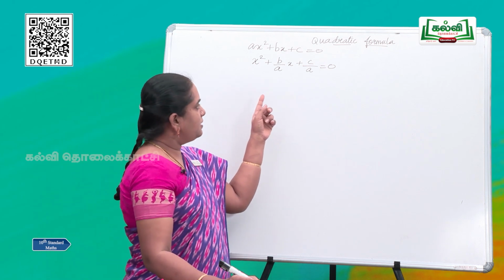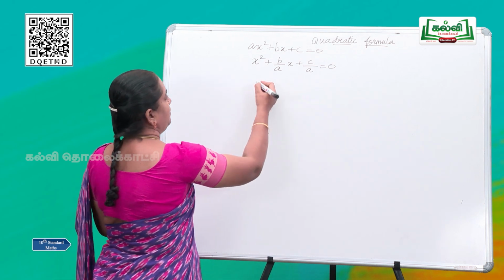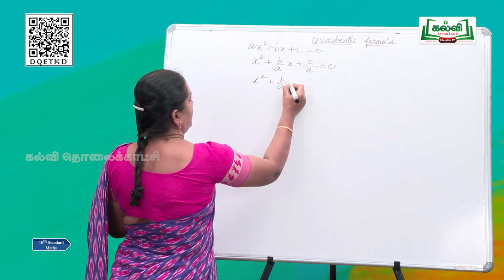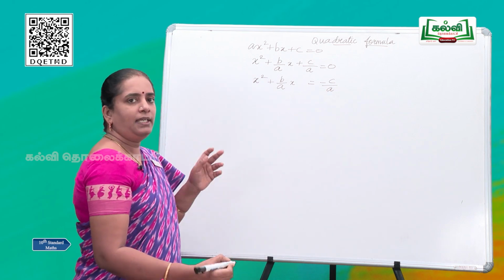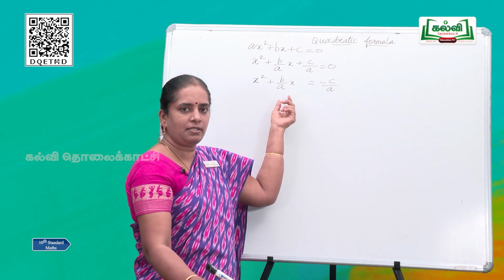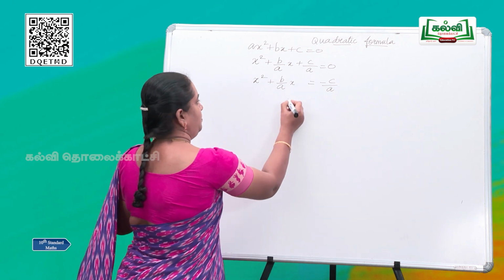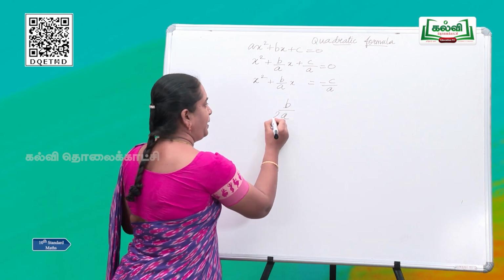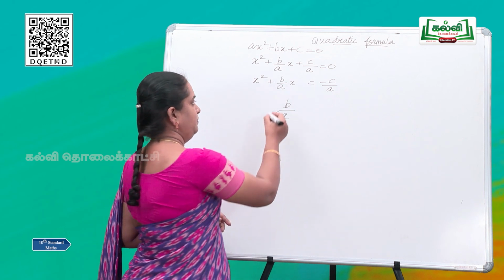Second step, shift the constant term that side. We are going to take that constant term to the right side. So, it becomes x square plus b by a x is equal to minus c by a. In the next step, we should look at the x term. Coefficient of x is b by a. What is half of b by a? So, b by a, half means in the denominator multiply by 2. So, b by 2a, square it.